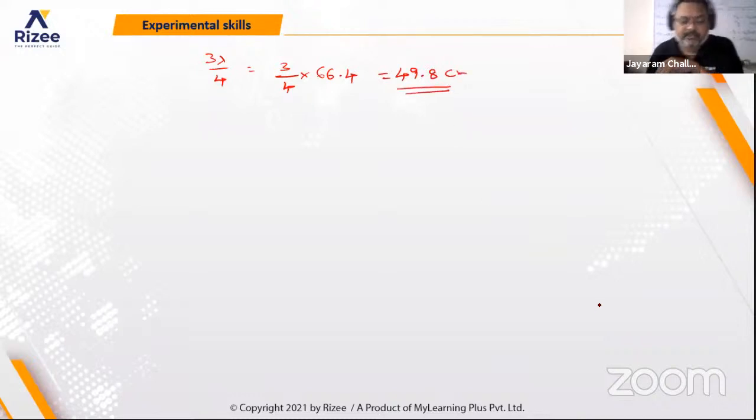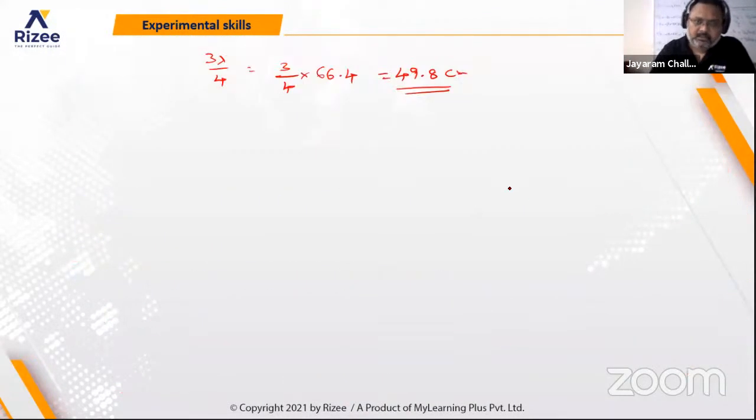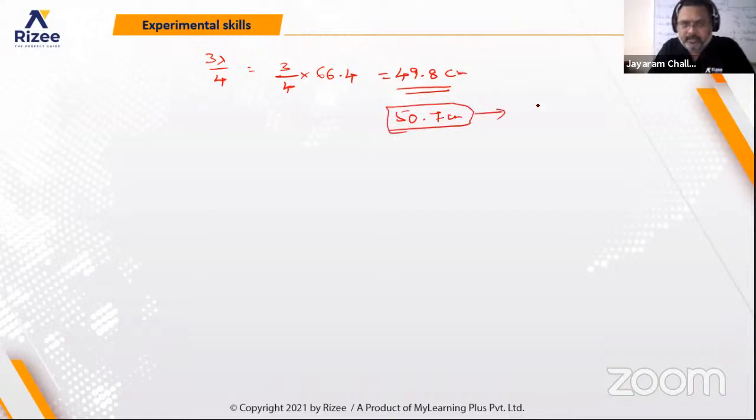So the 50.7 value is obviously close to 3 lambda by 4. In that sense, 50.7 represents 3 lambda by 4, meaning it should be in the third harmonic.